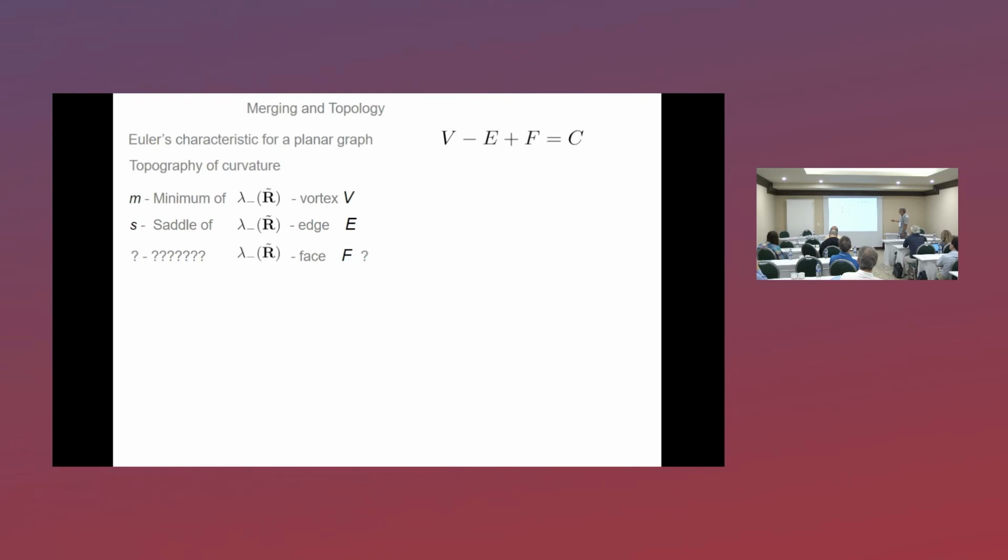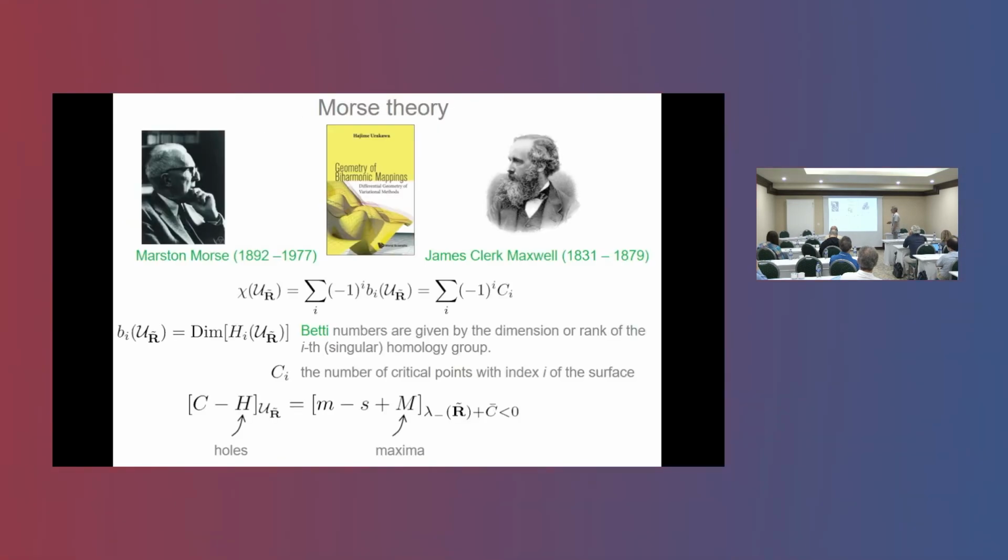Saddles, well, edges are saddles of eigenvalue, but we don't know what is phase. And this brings us to topology, or more precisely, Morse theory, which is one piece of differential topology, well, which was done by Marston Morse, like in last century.